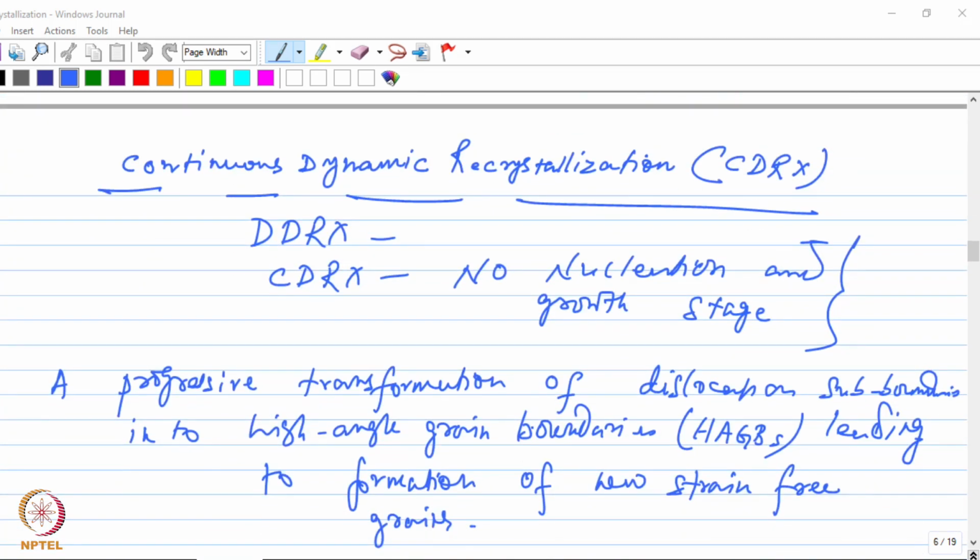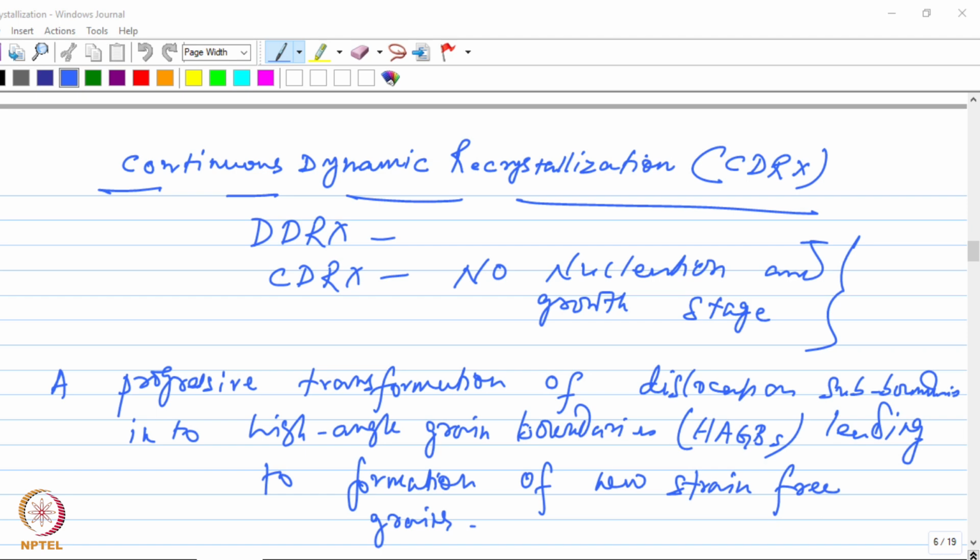CDRX, on the other hand, occurs by a progressive transformation of the dislocation subboundaries into high angle boundaries, and this process involves accumulation of dislocations along the subgrain boundaries formed by dislocation rearrangement, followed by lattice rotation, leading to an increase in the misorientation across these boundaries and turning them into high angle grain boundaries.